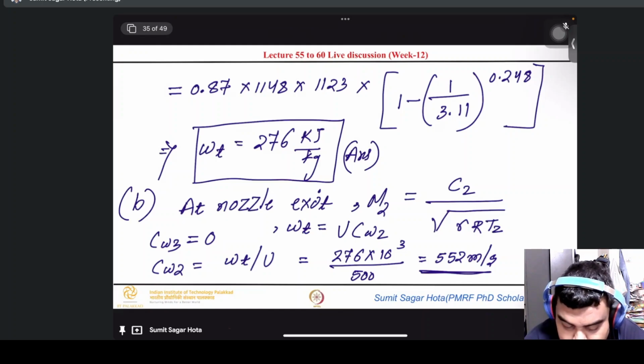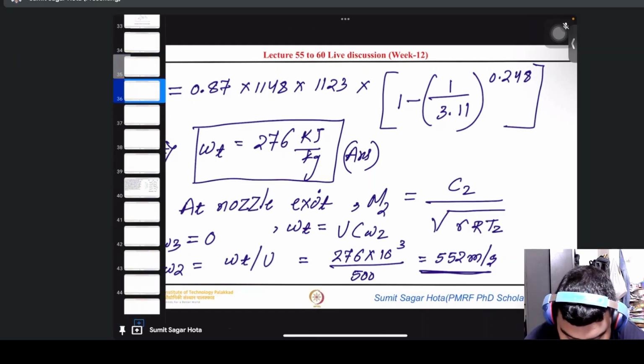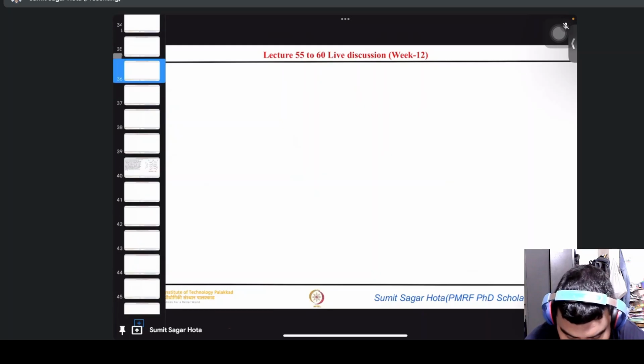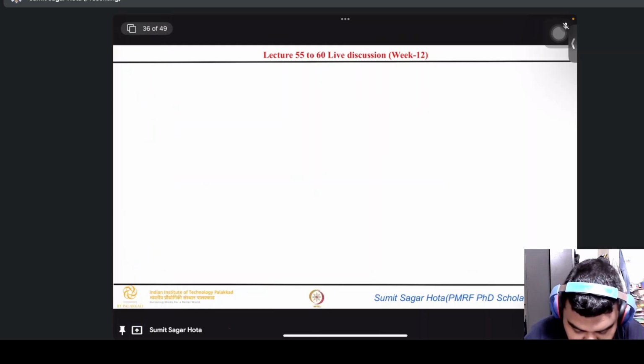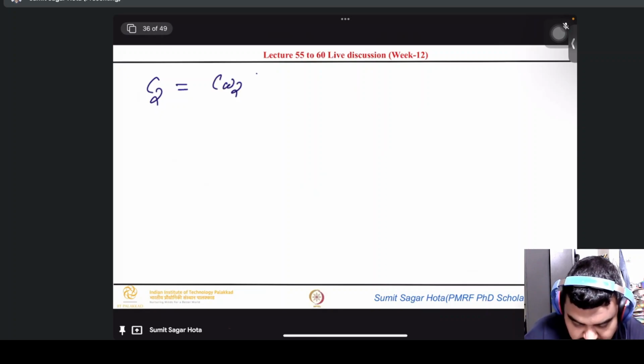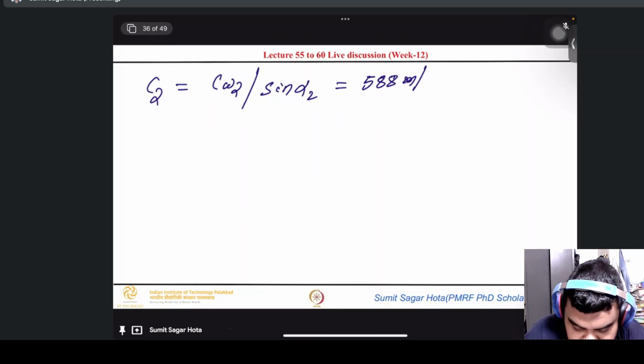Okay, next we find out C2, which is equal to Cw2 divided by sin alpha 2, equal to 588 meter per second. What is T2?